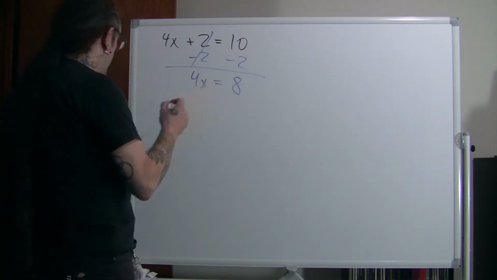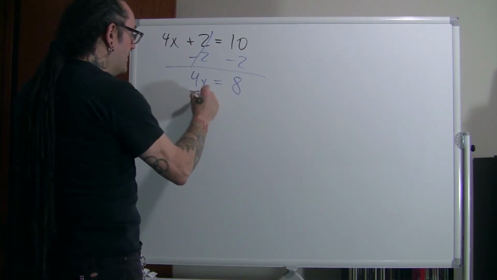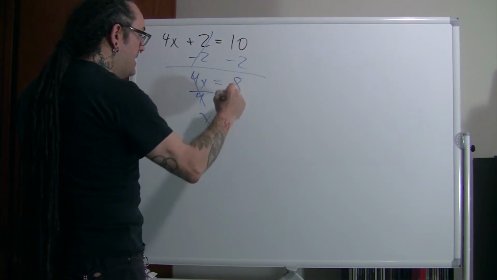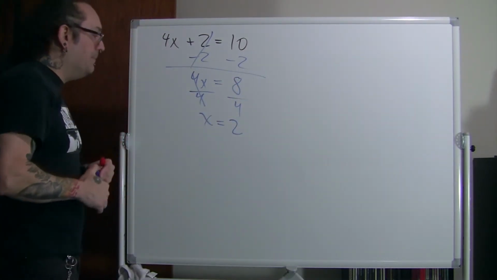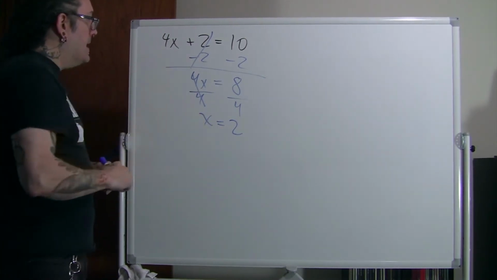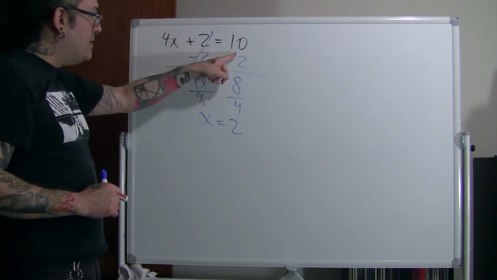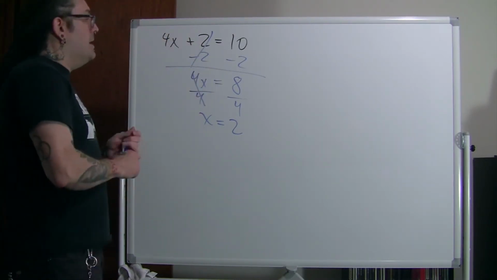And then we decided earlier, well, I should have written this in black, but I didn't. Divide both sides by 4. The 4's will cancel, and x equals 8 divided by 4, which is 2. All right. Now, if I put 2 in here, I get 4 times 2 is 8, plus 2 is 10. Does that equal 10? Of course it does. Absolutely. Great.